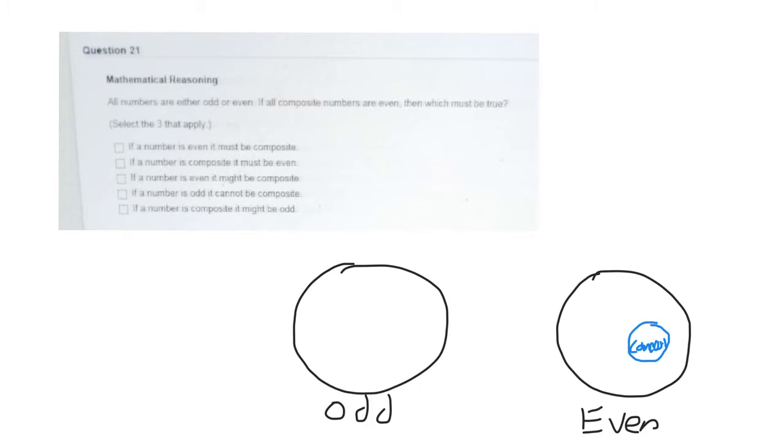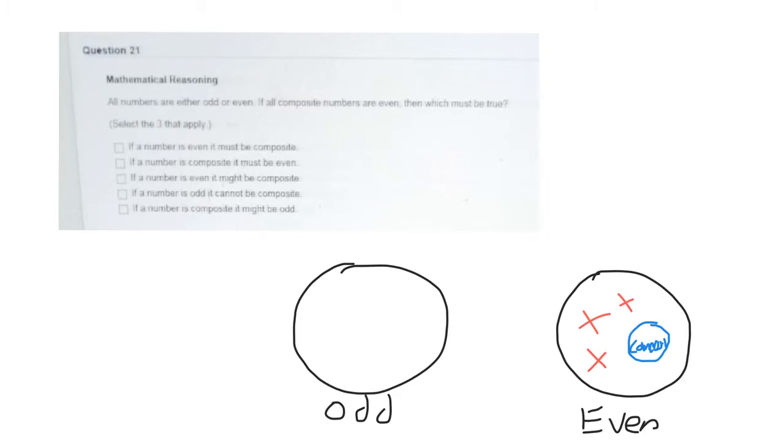I like visualizing these statements this way because it really helps get clear on what is going on. If a number is even, then it must be composite. Must that be true? No, because here's a number that's even that's not composite. There are a lot of numbers out here that are even that are not inside this blue bubble, right? So that answer is gone.